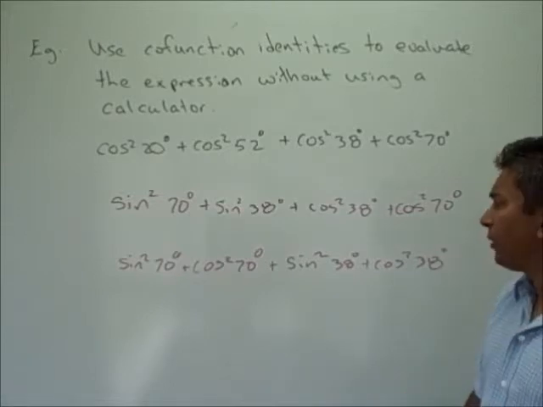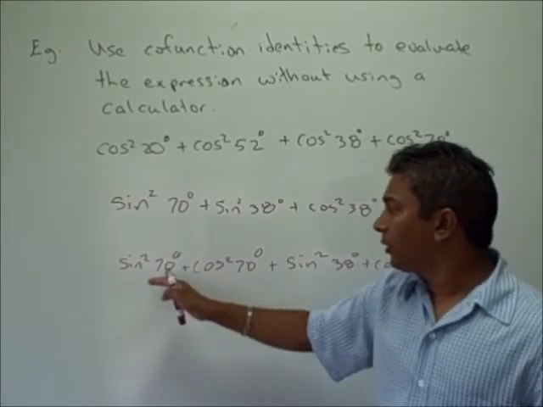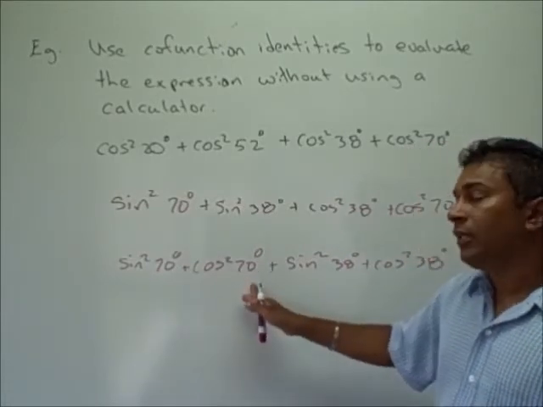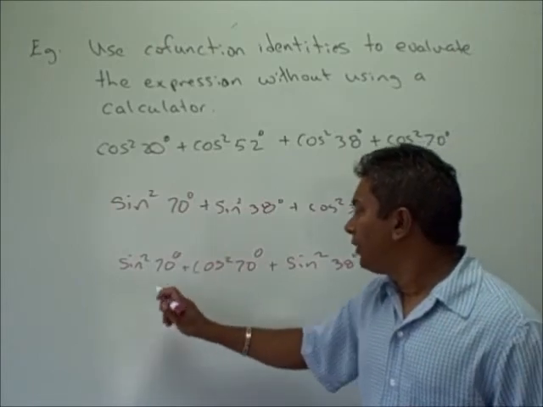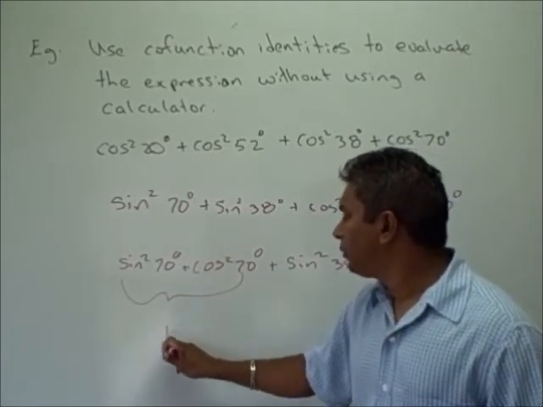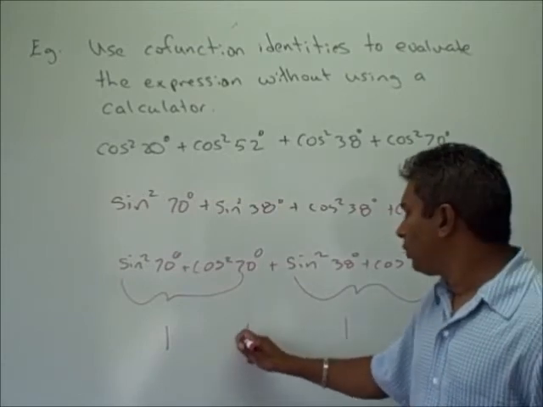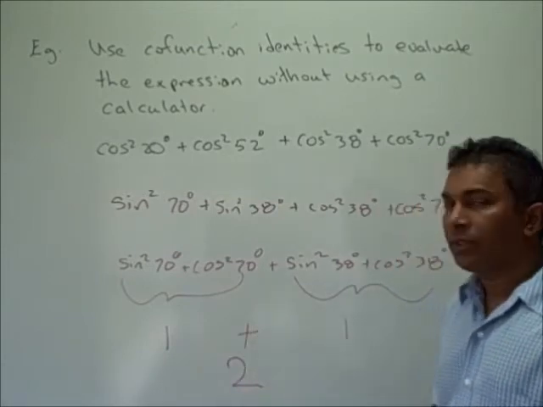We know from our Pythagorean identities that sine squared of theta plus cosine squared of theta is equal to 1. So since our angles are equal, all this here is equivalent to 1. Similarly, this is equivalent to 1. So this becomes 1 plus 1, so our answer is 2.